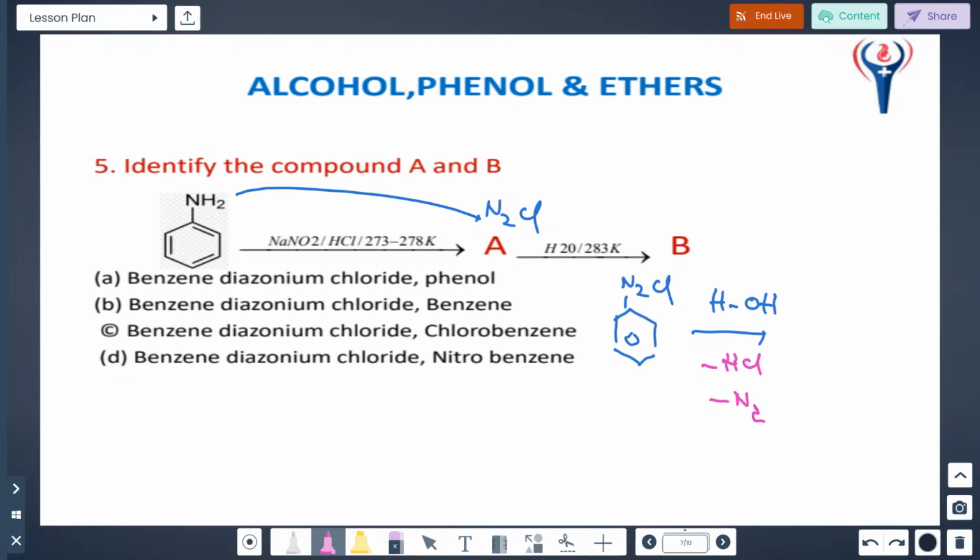When the OH goes to benzene, it is called phenol. Simple. So A is benzene diazonium chloride, B is phenol. So option A is the correct one. Understood? Now go to the next one.